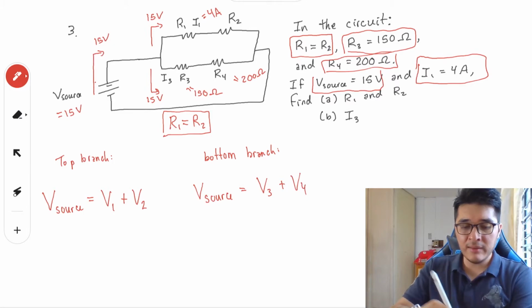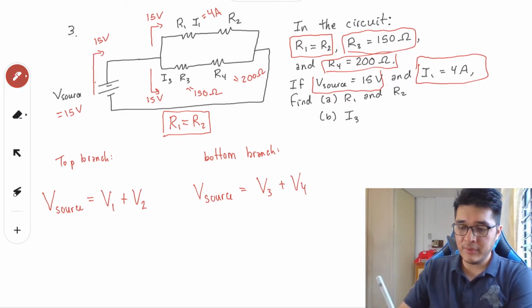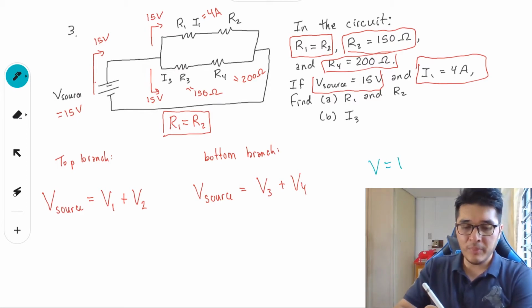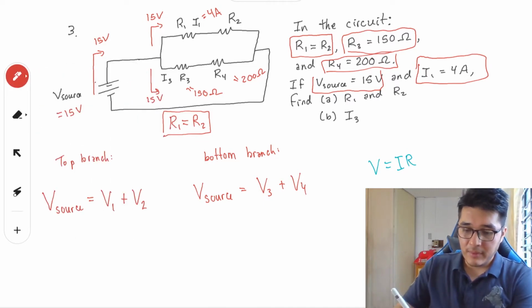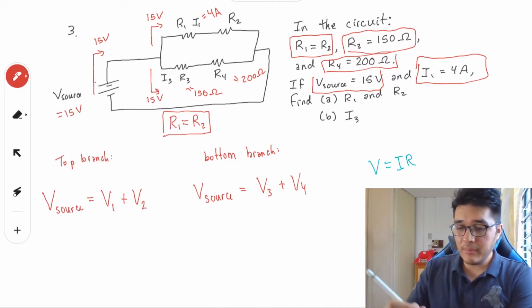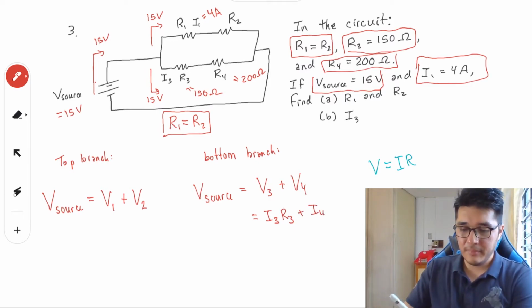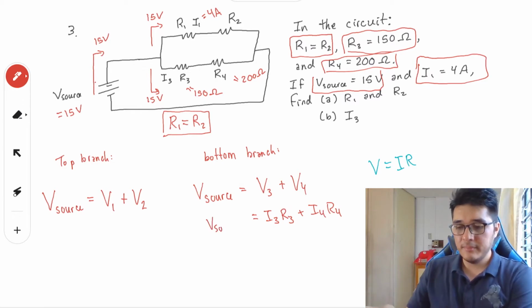And then we're going to take advantage of Ohm's law, the virtuous one, V equals IR, to replace these values. So instead of V3, we have I3 R3 plus I4 R4. Did that make sense? Yeah.